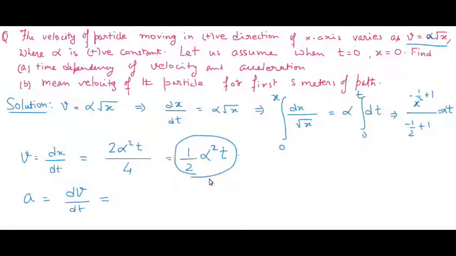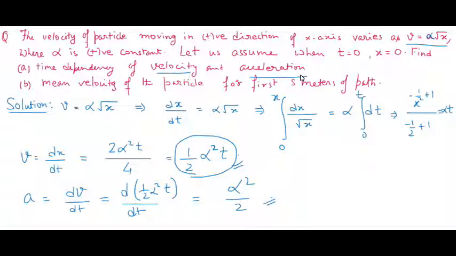So if we differentiate this value of v, then what we'll get? We'll get d of half alpha square t upon dt, so we are going to get alpha square upon 2, correct? Now this is the value of a and this was the value of v. So the time dependence of velocity and acceleration, we got it.